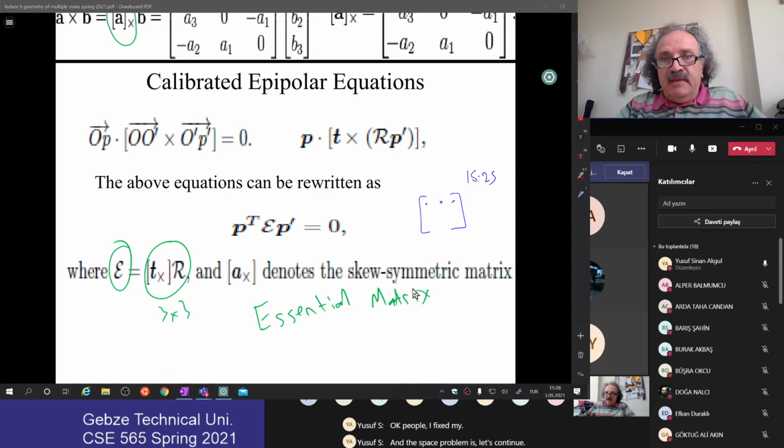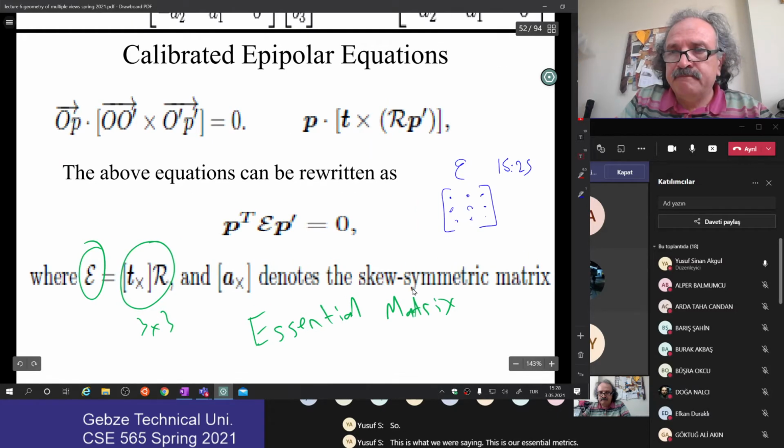This is our essential matrix, epsilon, and it has 9 numbers in it. It says that take the P, take the transpose. P is a 3-dimensional vector, and if I take the transpose of it, I have 1, 2, 3 elements.